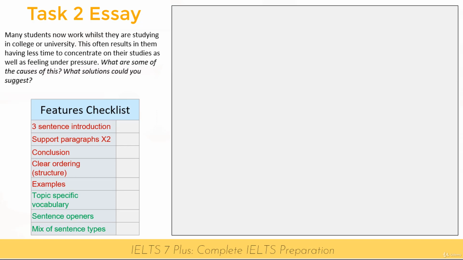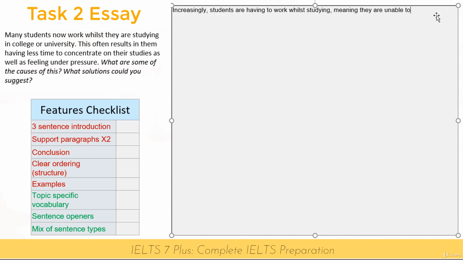So I need to get that into one sentence and paraphrase as best as I can to introduce the problem and the essay. I might begin with increasingly, students are having to work while studying, meaning they are unable to concentrate.